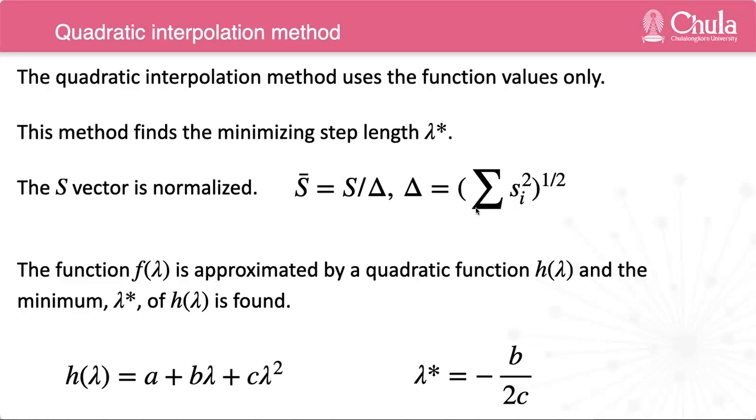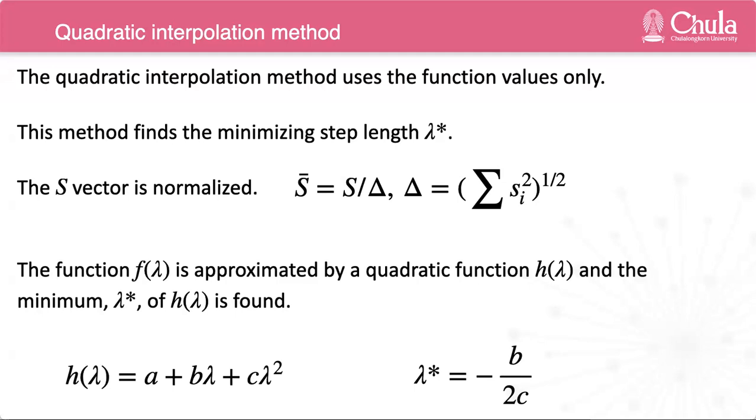Because a quadratic function is in this form: a plus b lambda plus c lambda squared. And we know that the minimum point must be at minus b over 2c. So if we start from any trial point, at that point we approximate the quadratic function, then you can obtain an approximate minimum point.